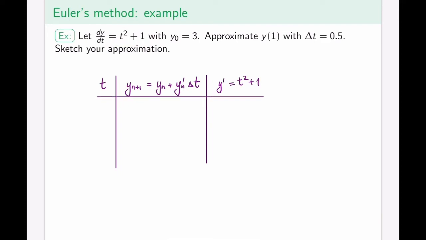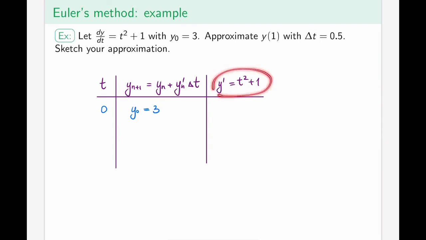Okay, so what am I given, first of all? I am starting at t equals 0, and I am given that the y value there is 3. So when t is 0, y naught is equal to 3. This is the given information. That is all the given information that I have. Everything else I'll have to compute for myself.